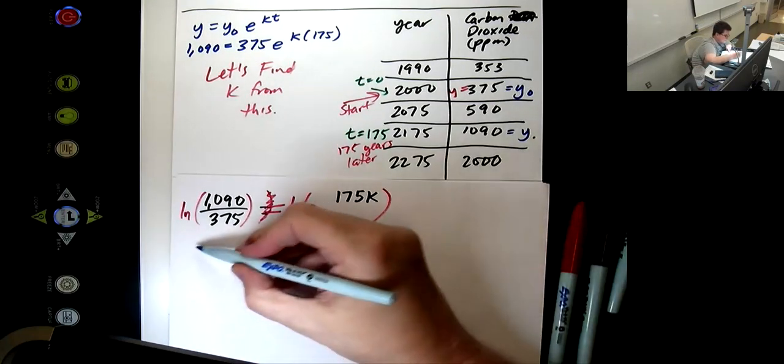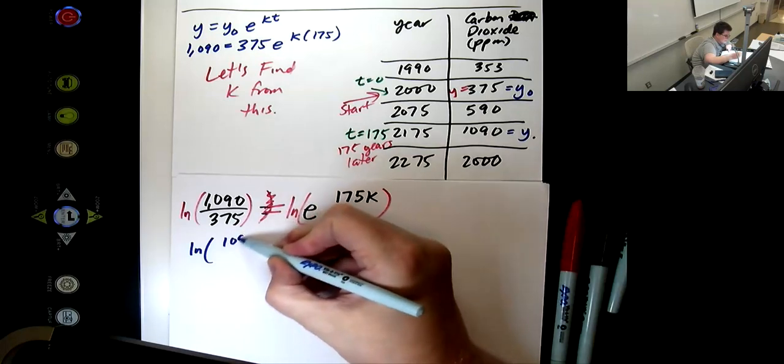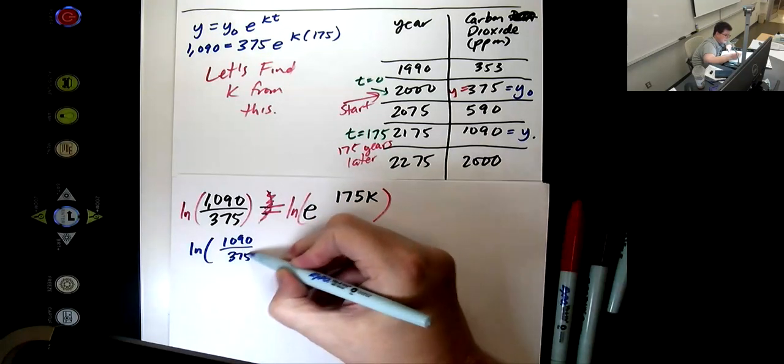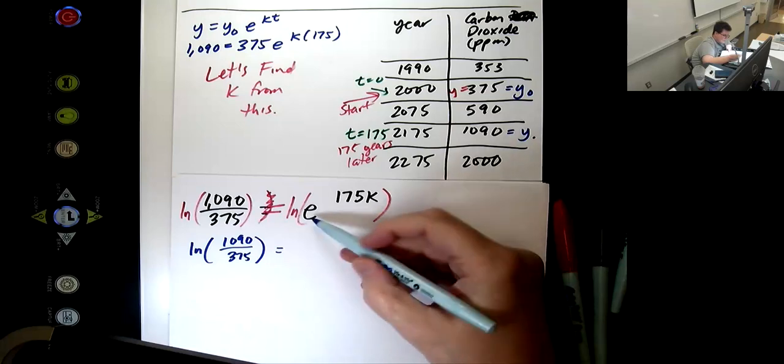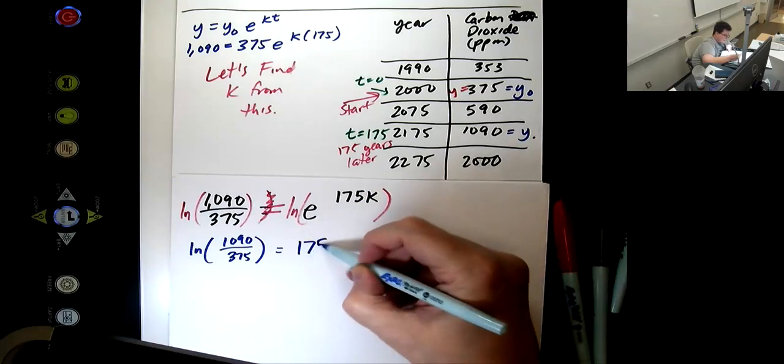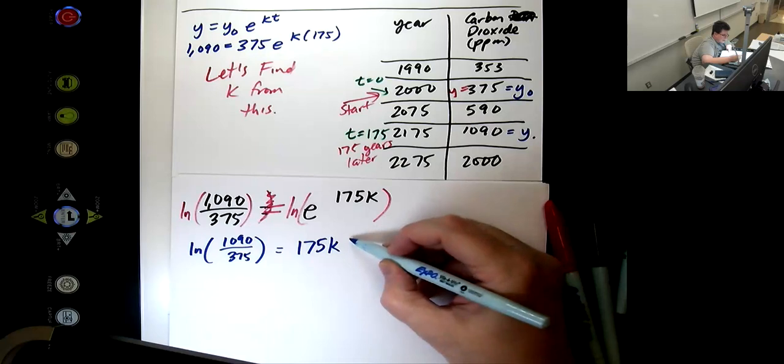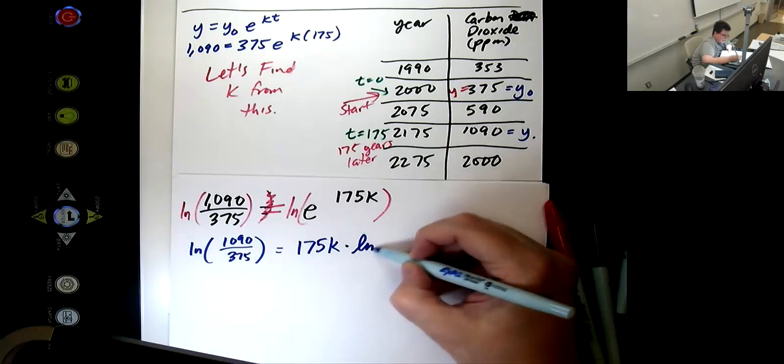This gives me natural log of 1090 over 375 equals, I can bring the 175k down times the natural log of e.